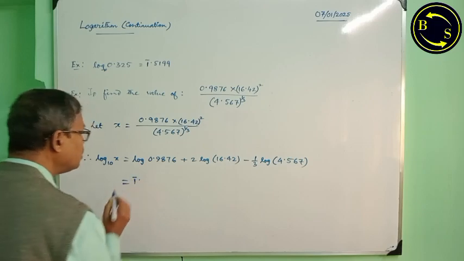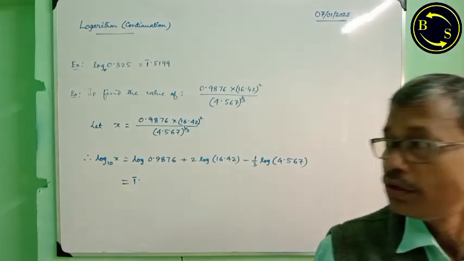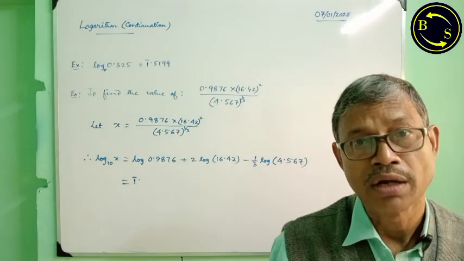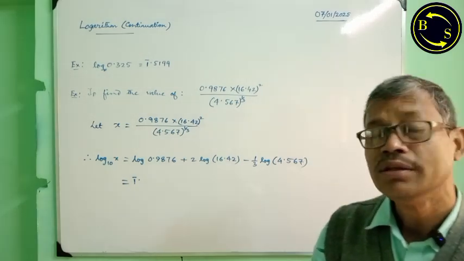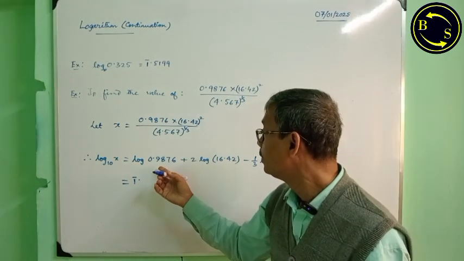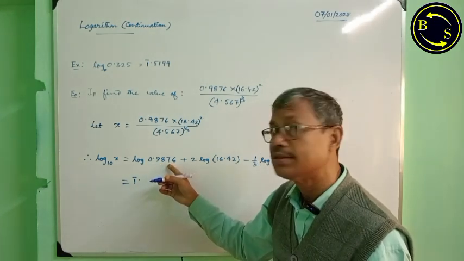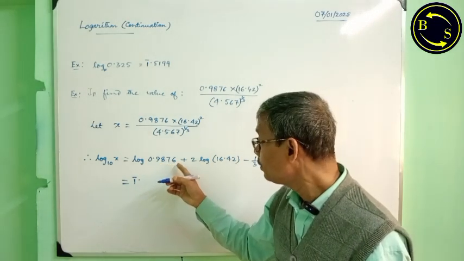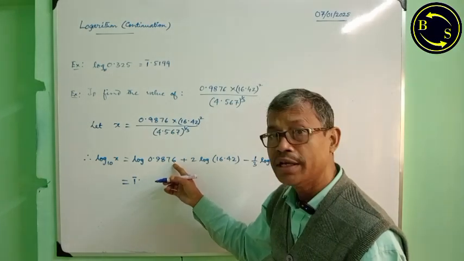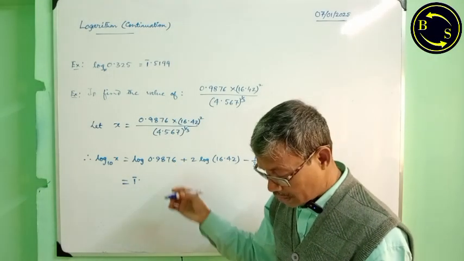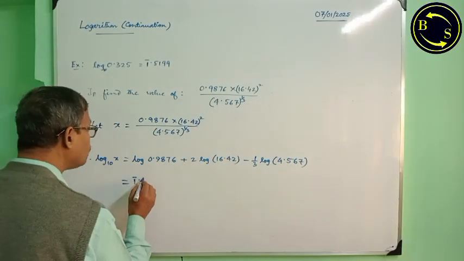Already I have mentioned, we don't write minus here in the log, that is 1 bar. Then from the log table headed by 98, we move to the column headed by 7. Then from the mean difference, from the column headed by 6, we get 9946.